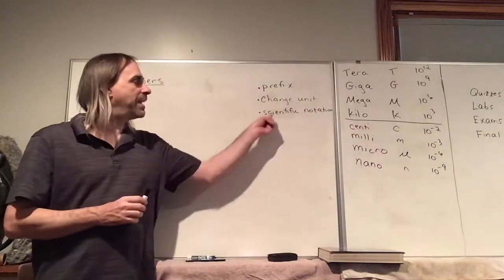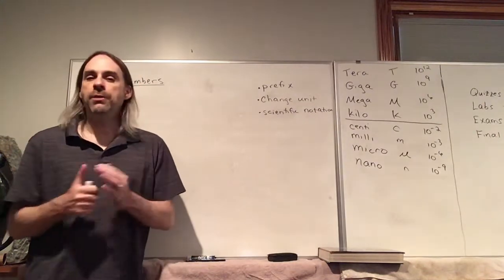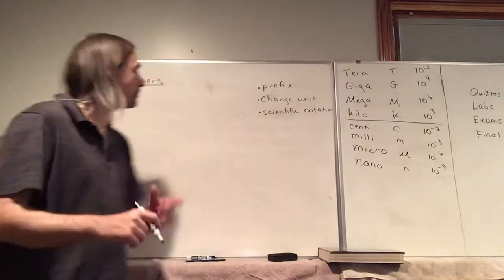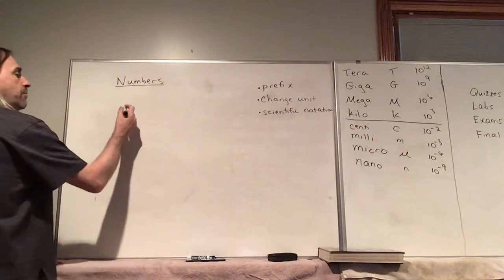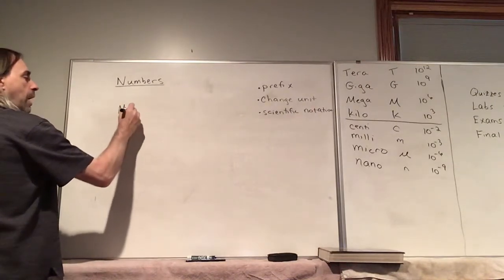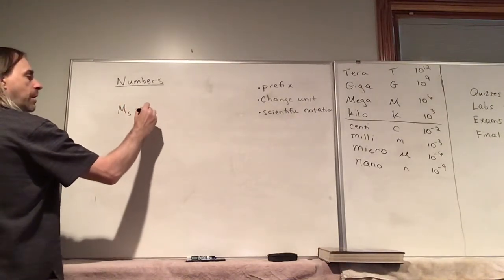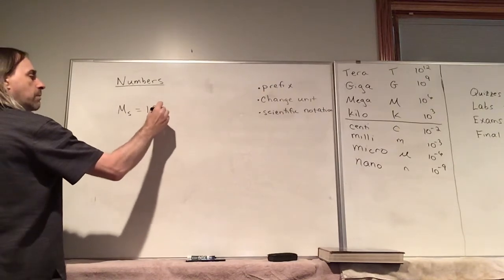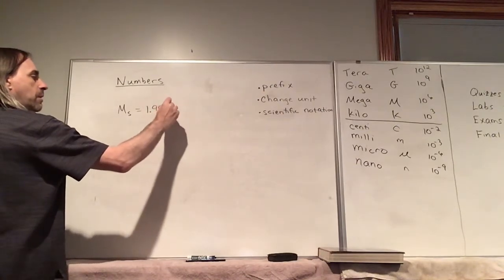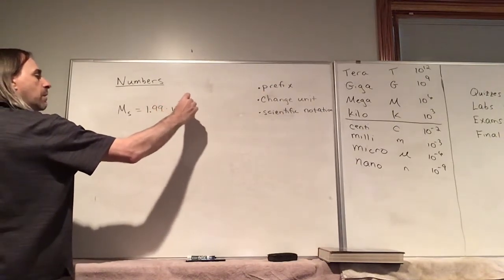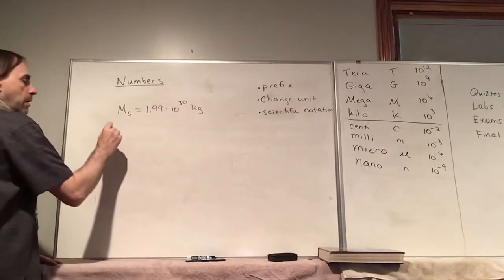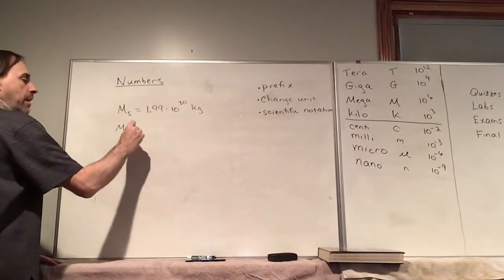Another advantage of scientific notation is when it comes to calculations. I'm going to write down two numbers: the mass of the sun and the mass of the earth.